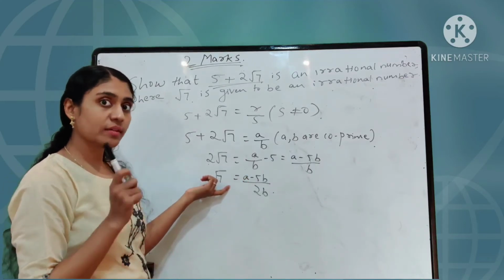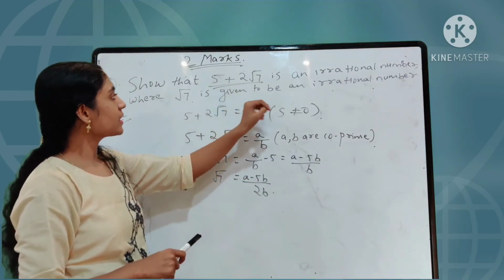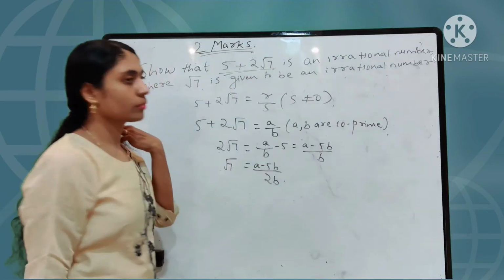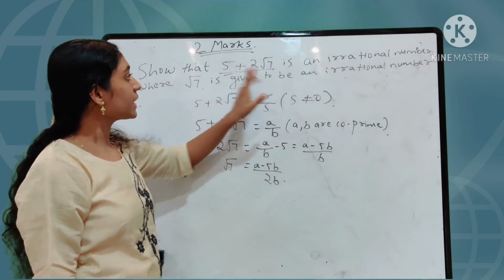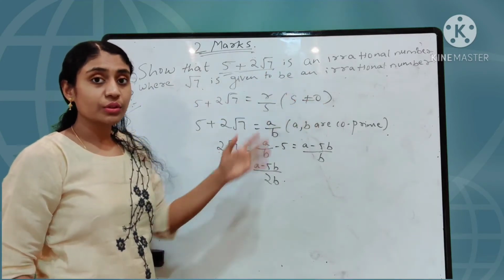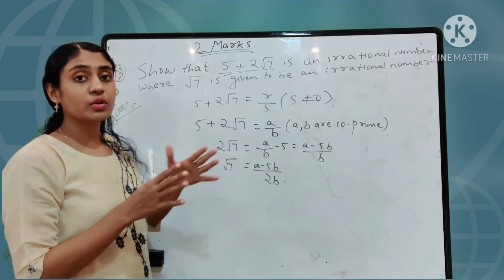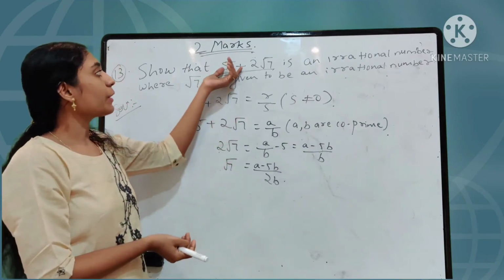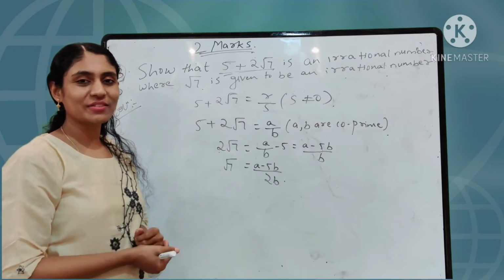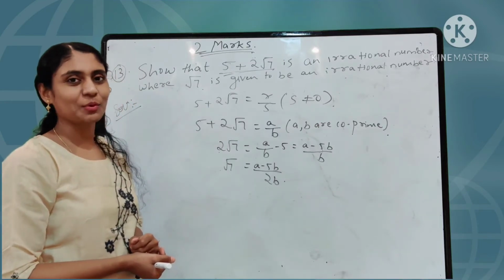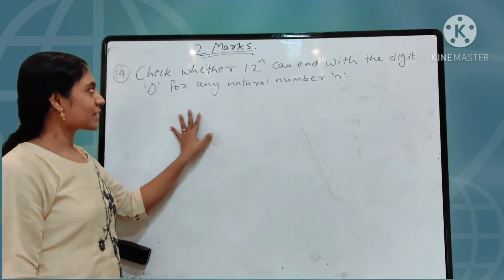Therefore LHS root 7 must be rational. But it is given that root 7 is an irrational number. Therefore this contradiction has arisen because of our incorrect assumption that 5 plus 2 root 7 is rational. Therefore we can conclude that 5 plus 2 root 7 is an irrational number. Hence proved.